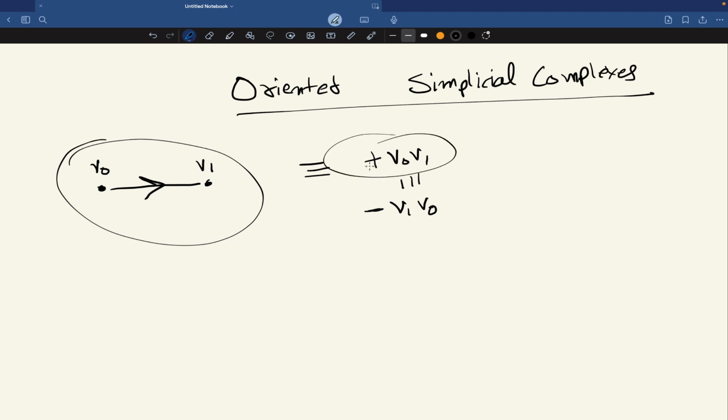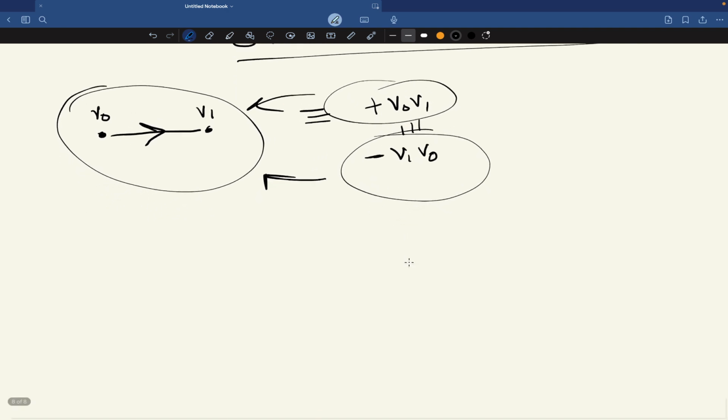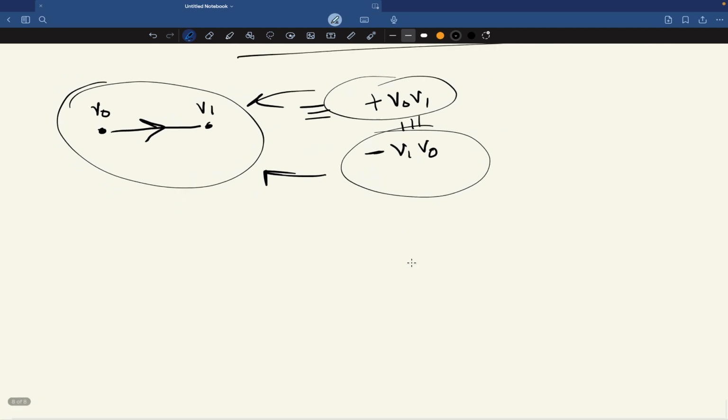Both of these are denoting this simplex only. The only difference you can see in these two notations is that these two adjacent vertices are reversed. So whenever we reverse any two adjacent vertices, the sign gets flipped. From plus we entered into minus sign.